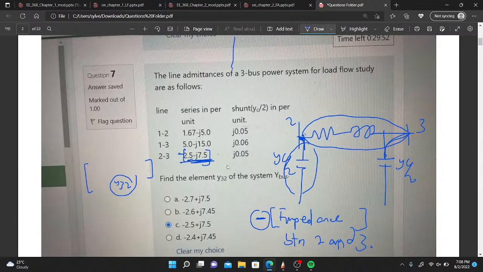Know that if you are looking at the non-diagonal elements, you don't add the shunt values, the capacitive admittance values. You just work with the short line parameters like the R and X here. Because this one is joined to 2, this one is joined to 3, but this is joined between 2 and 3. Alright.